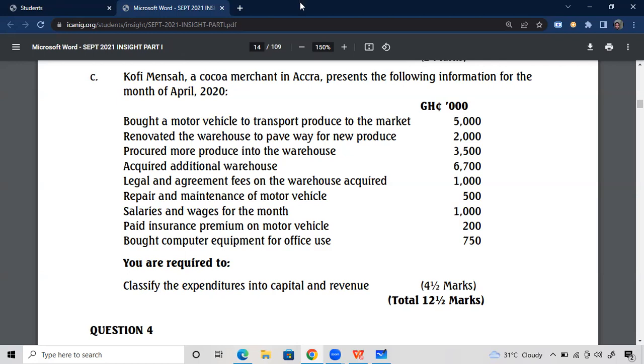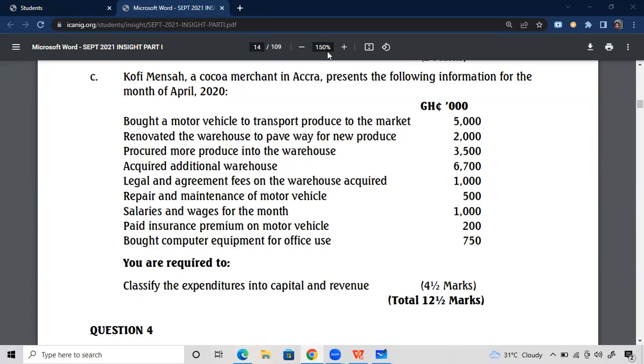Is this a capital expenditure or a recurrent expenditure? At least we are more than the comments I received in the chat box, because I want everybody to play along with me, please.